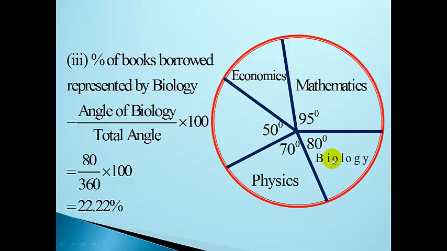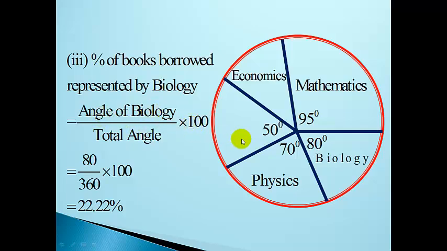And if you want to know the percentage of books borrowed that represent biology, it is equal to the angle of biology divided by the total angle times 100, because we are considering the percentage.